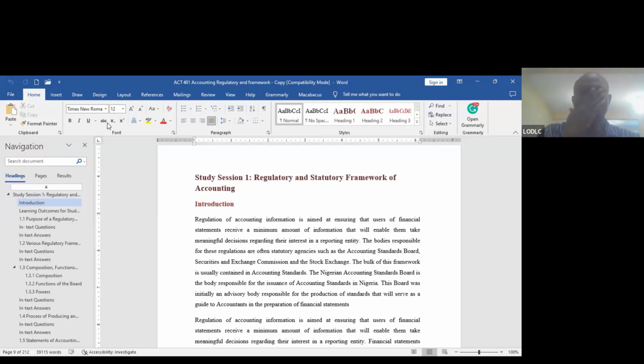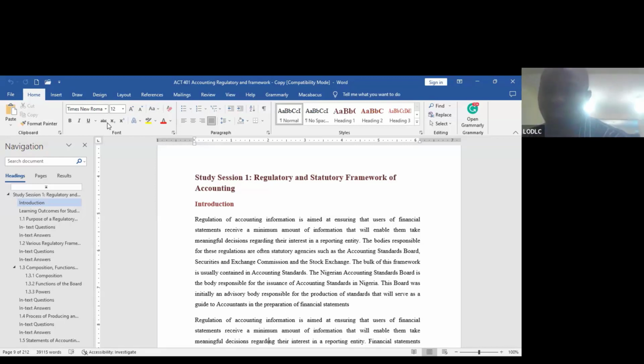All these minimum contents are what the users request for them to make important decisions. So for all these things to be in place, we need regulation. Every accounting system of every organization has to be regulated. That's the essence of this particular course. There are so many items that we must find in all this content that we are talking about, and those items must be in line with the regulatory bodies.